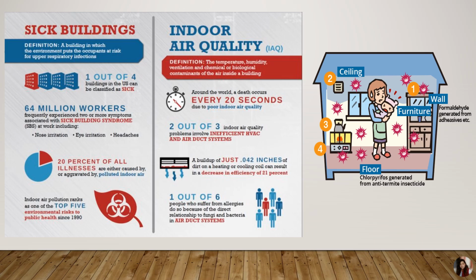Because temperature, humidity, ventilation, all these things work in one medium, and that is air. And it states that around the world a death occurs every 20 seconds due to poor air quality, and 2 out of 3 indoor air quality problems involve inefficient HVAC and air conducting systems. So this itself gives us an idea of where we are standing.